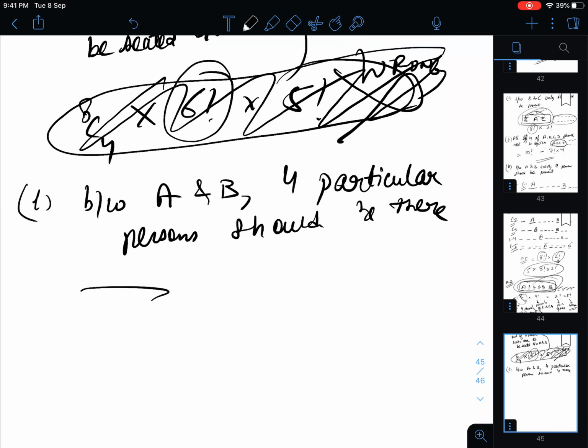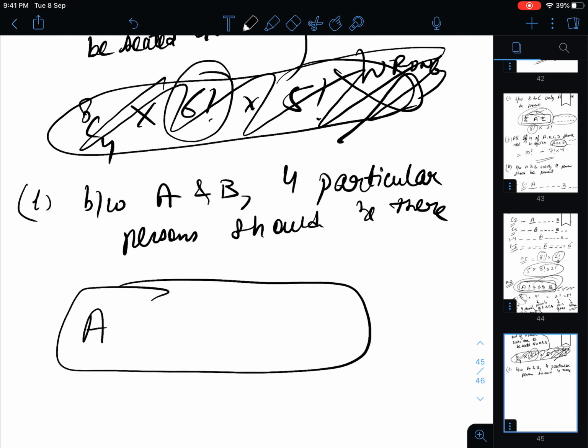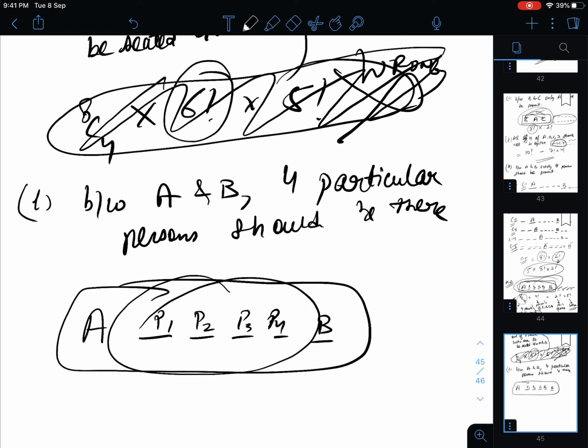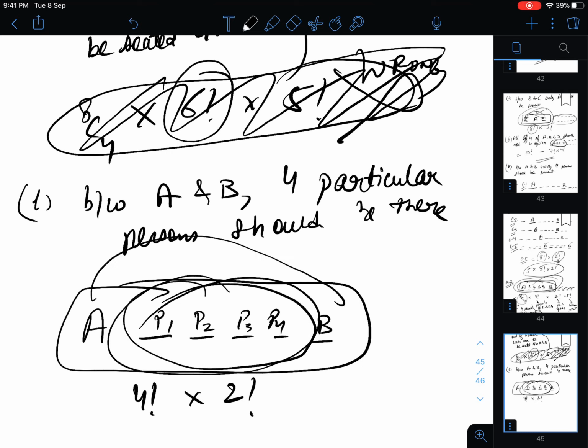Then that is simple. You have a box A, 4 people here, let's say those particular persons are P1, P2, P3, P4, and B. So now we can't make a choice for these 4 people. They are fixed, they are particular people. So we have 4 factorial, which is permutation of P1, P2, P3, P4, into 2 factorial, which is permutation of A and B, into 5 factorial, which is the permutation of this box and these 4 people.